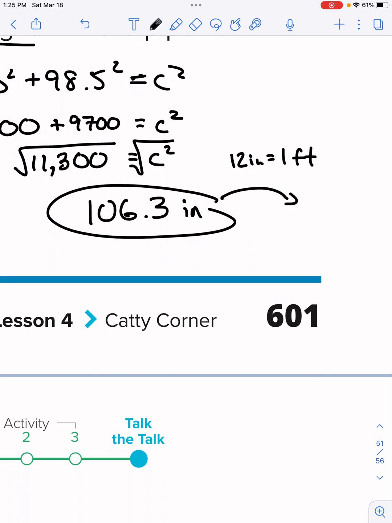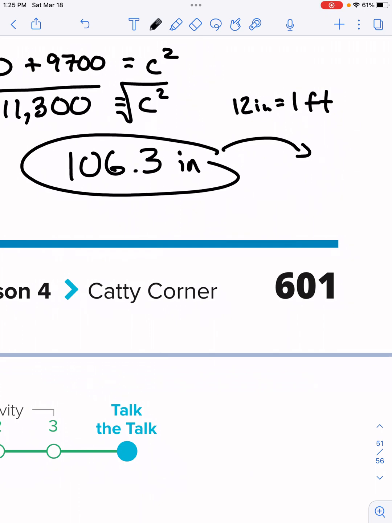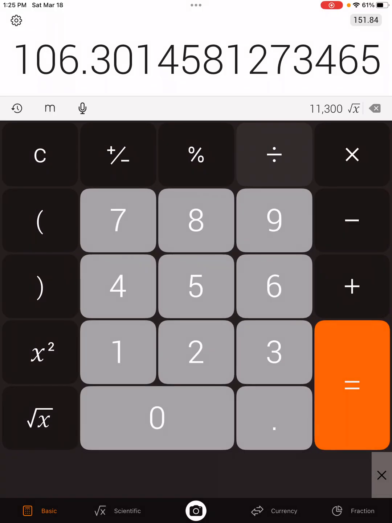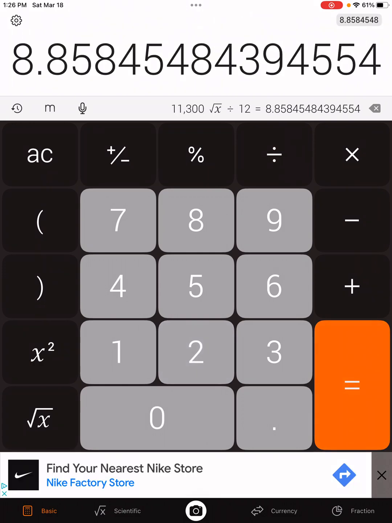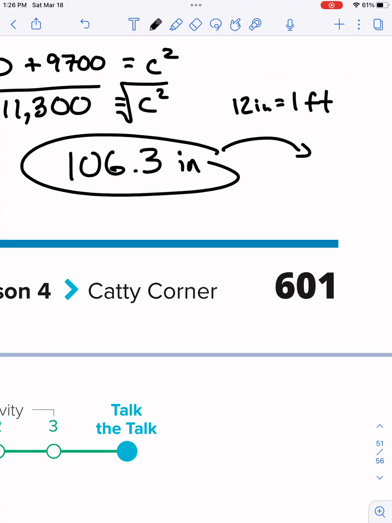So I'm going to have to divide our answer by 12 to see if that's equal to or more than or less than 12 feet. So 106.3 divided by 12 is 8.85, which will look like 8.9 feet. Okay, 8.9 feet. So 106.3 inches is about 8.9 feet.